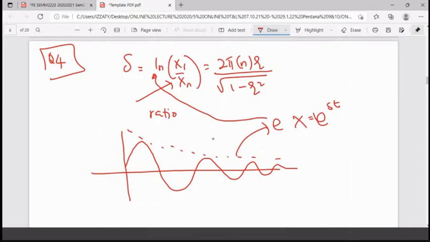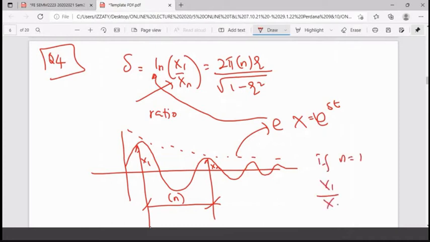This n is the number of cycles. How many cycles? 1 cycle. You have the oscillatory, and this will be x1, and perhaps this one will be xn. So if n equal to 1, it is x1 and x2, for example. Okay, it's not very difficult then.